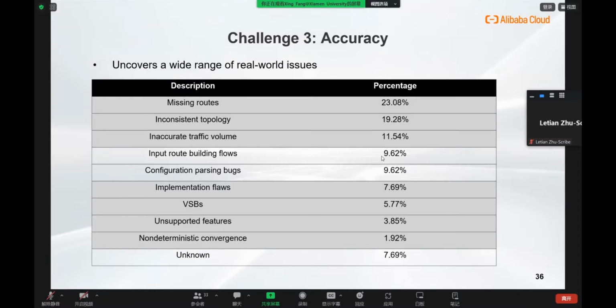We use formal methods to find the error, but we do believe there are other methods which can leverage data-driven approaches, maybe LLMs, to find the error.